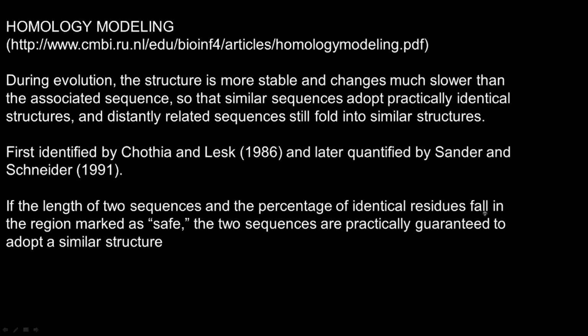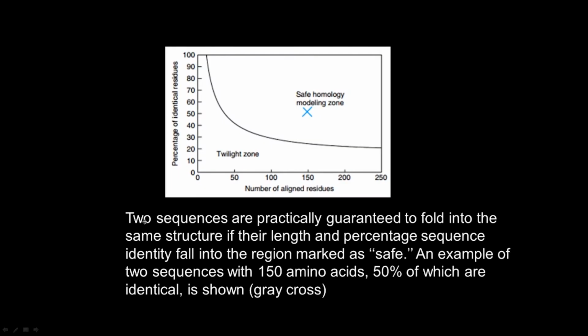If the length of two sequences and the percentage of identical residues fall in the region marked as safe, the two sequences are practically guaranteed to adopt a similar structure. If the number of aligned residues is 150, then this region we can call the safe homology modeling region. So if I have 100 residues and I get about 30% identity, chances are the three-dimensional structure will be almost right.